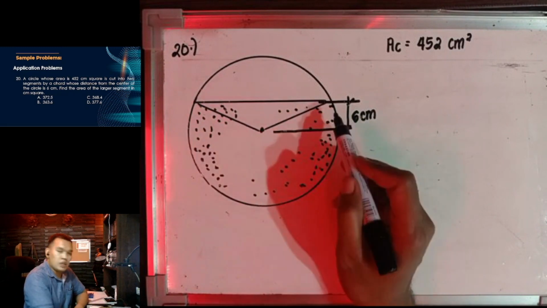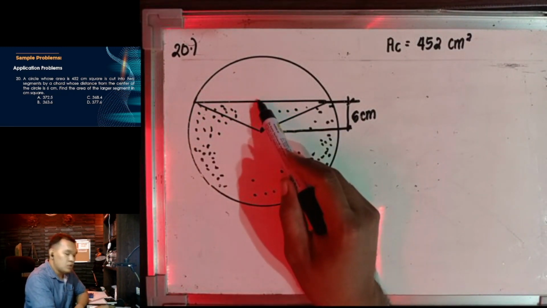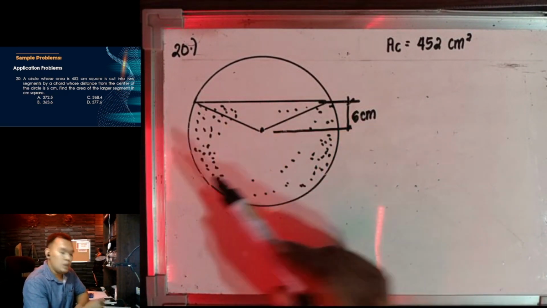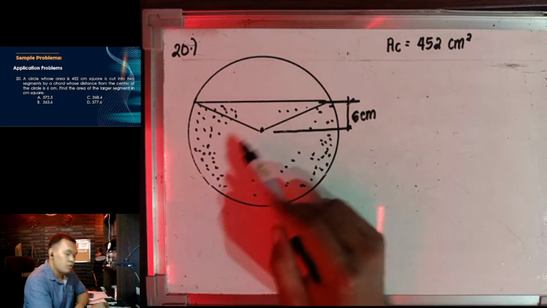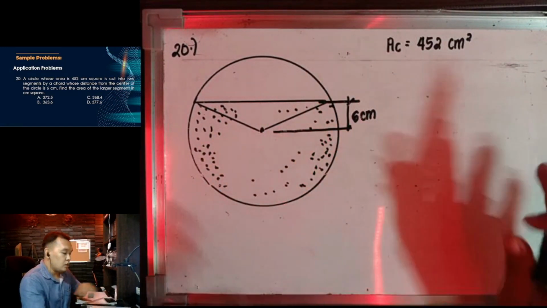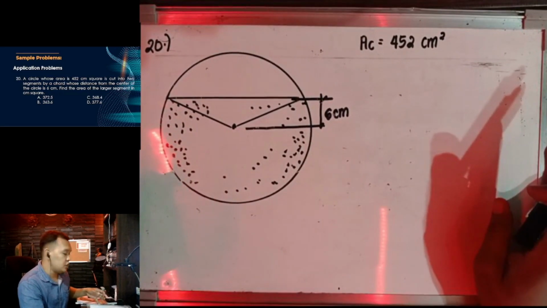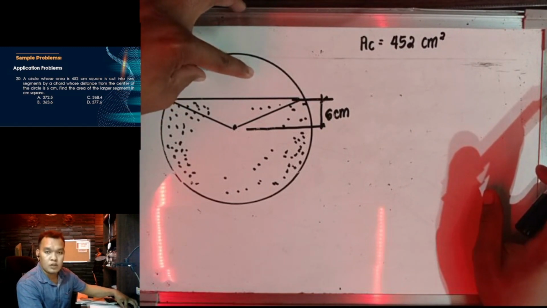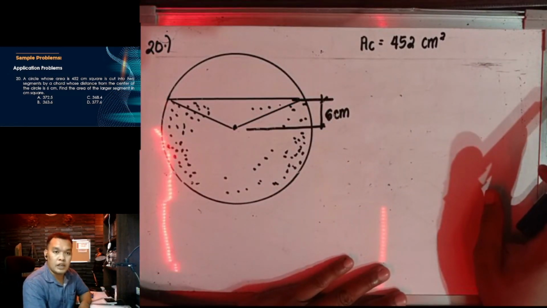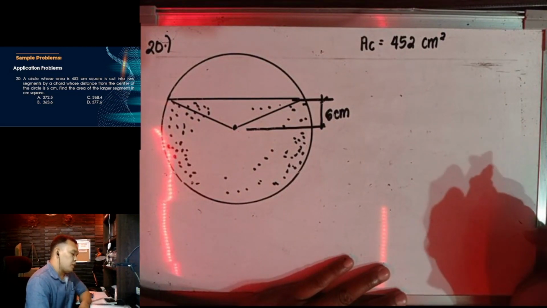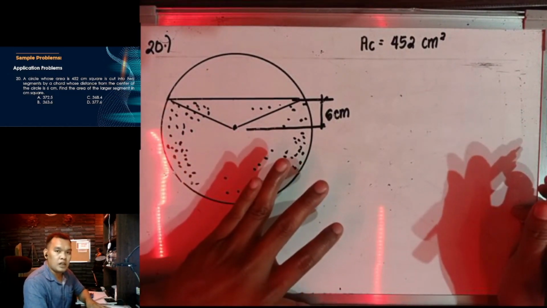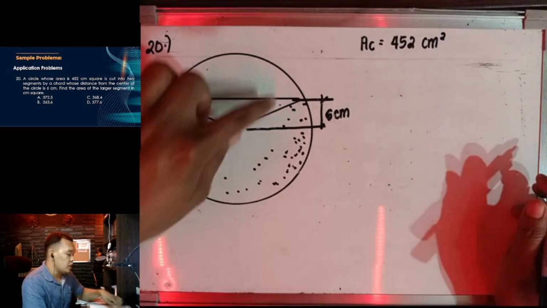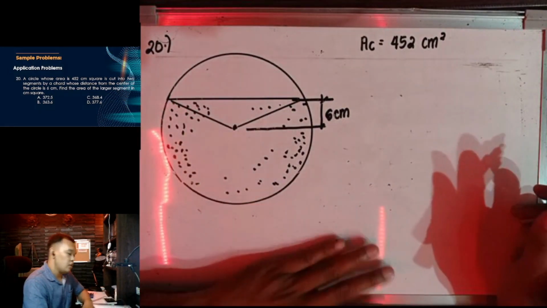Then it is cut into two by a chord, so we cut here, and the distance from the center to the cutting point is 6 centimeters. Then, we are asked to find the largest segment, so this shaded part. To get the value of this shaded part, similar to what we did earlier, we get the value of the small segment, then subtract it from the total area of the circle. To get the area of this segment at the top, we get the area of a sector minus the area of a triangle.